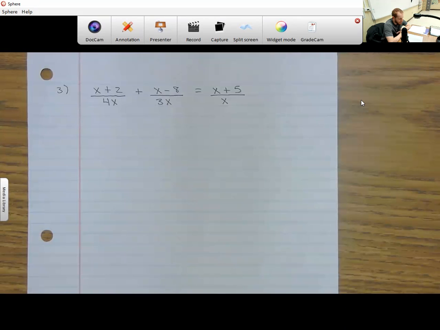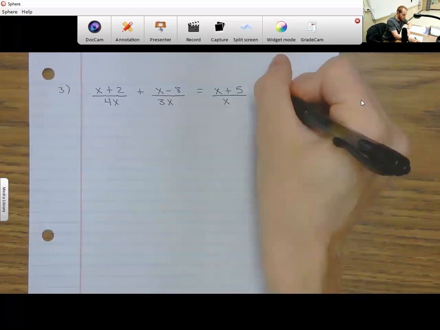Now, whenever you're adding fractions together, you need to find what's called the lowest common denominator. Now, the first thing I would do in my little list of steps is I would factor as much as I can. And looking at everything, it doesn't look like we can factor anything, right? So I would just skip to step 2. Since we can't factor anything, I would go about finding the lowest common denominator.